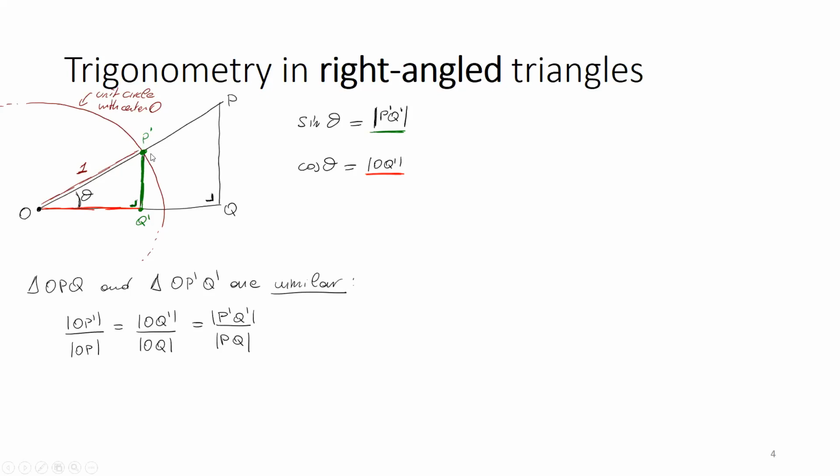So now let's put all of this that we've learned together, and let's go back to our sine. We already have that sine is the length of P'Q'. And now if I go look at my expression star here, I can also write that as OP' times PQ divided by the length of OP.